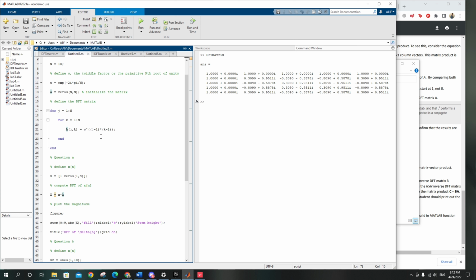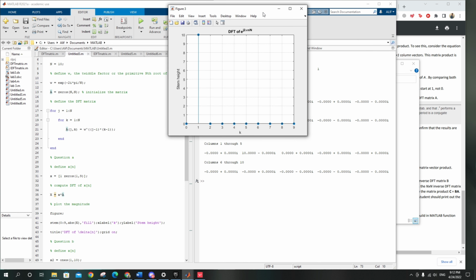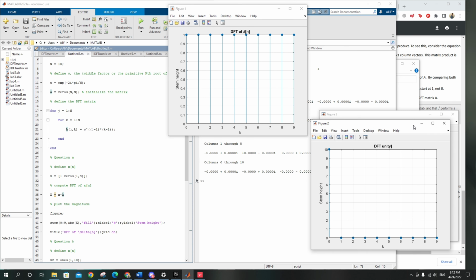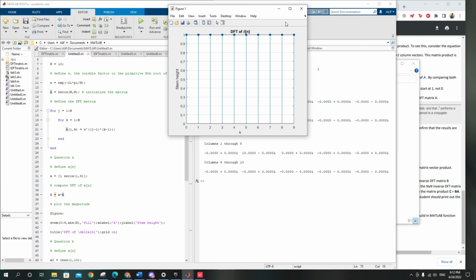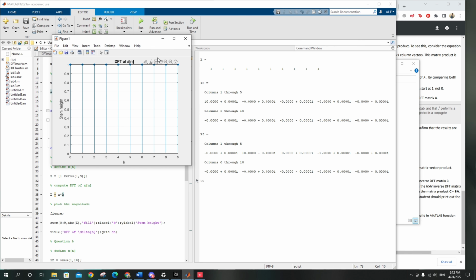Furthermore, the amplitude of the magnitude plot for x is equal to 1. So this is the result for equation A, the vector form and the signal.